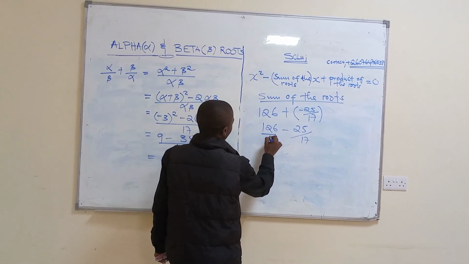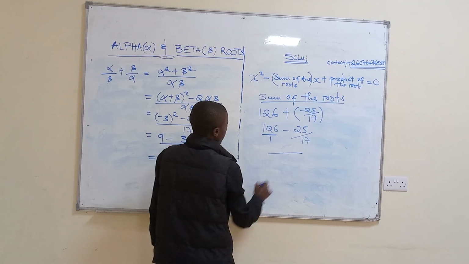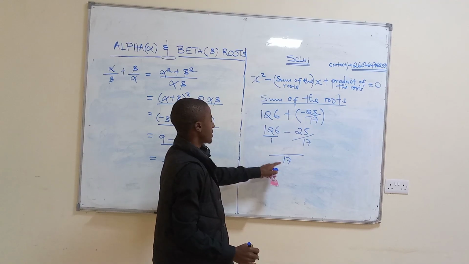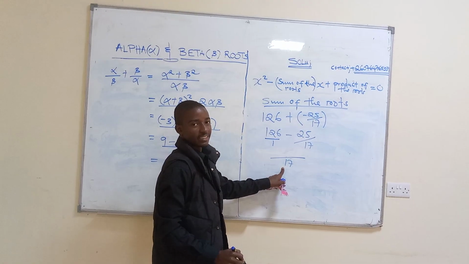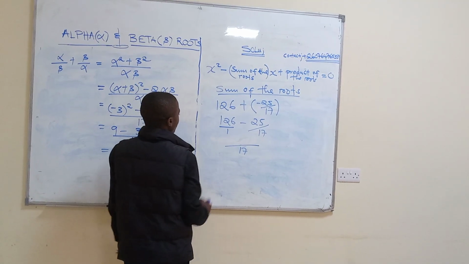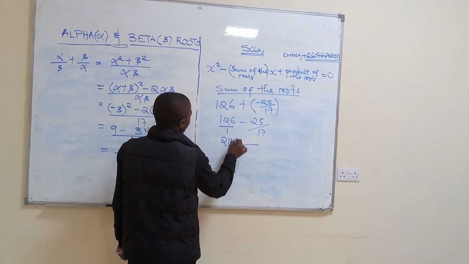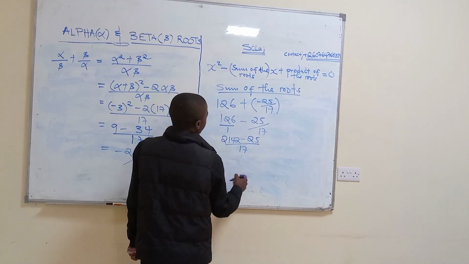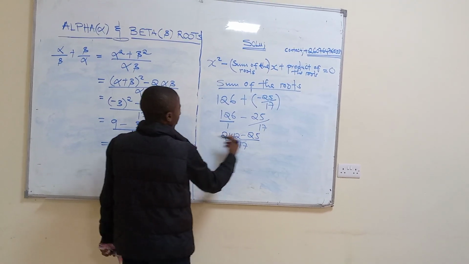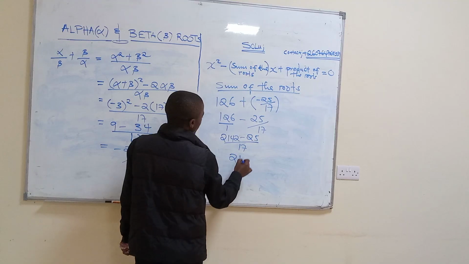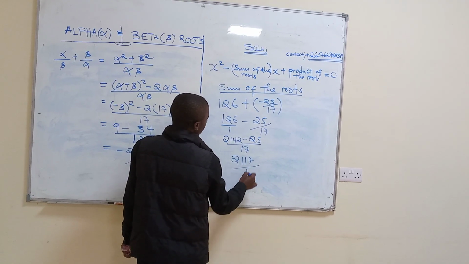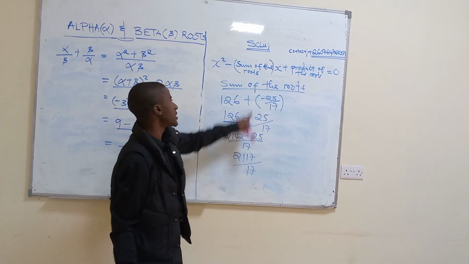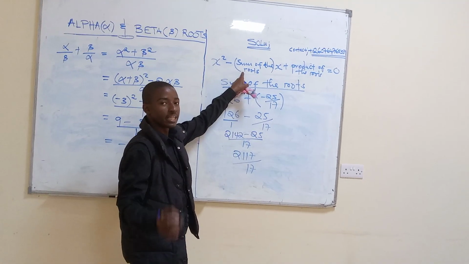My common denominator is 17. So 126 times 17 is 2142, minus 25. After subtracting, that is 2117 over 17. So that is my sum of the roots that I'm going to put in my original equation.